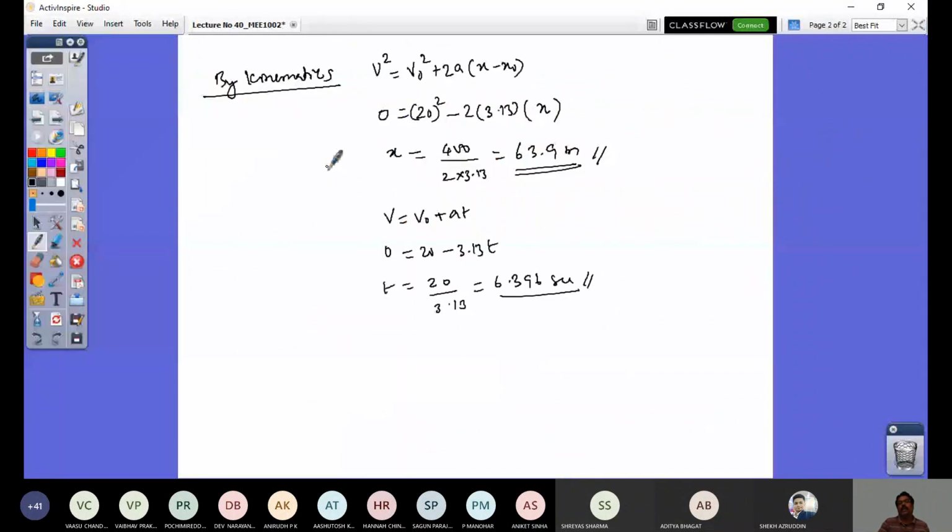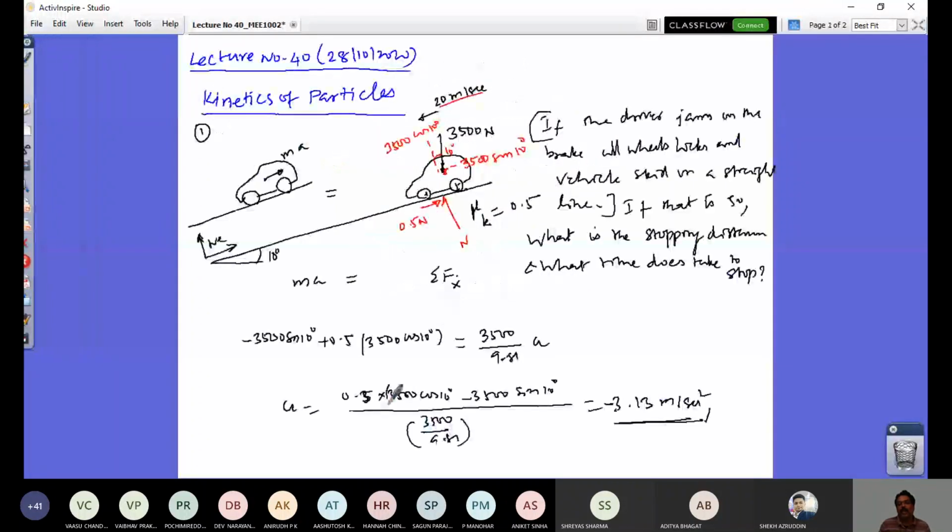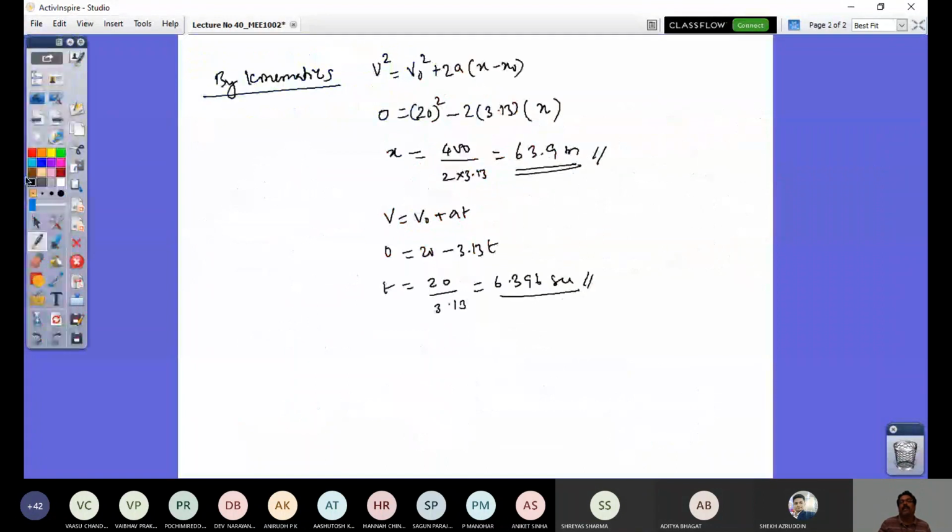And why do I take this as a constant? You look at here, this 3,500 is weight, 3,500 is weight, so this goes off. So 9.81 is constant, the 10-degree slope is constant for the road. So whatever deceleration you get is a constant rate. Since the acceleration is constant, I could apply these equations.